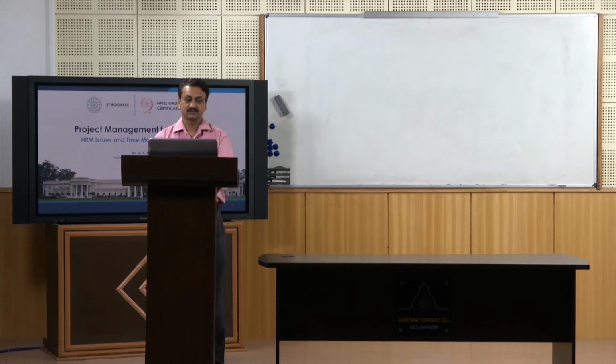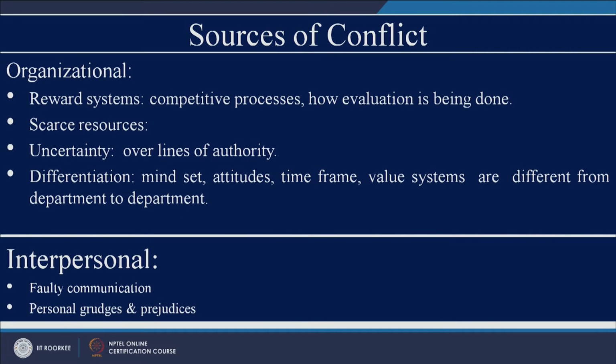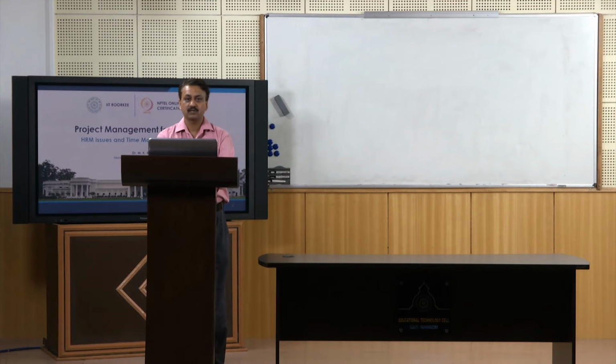Uncertainty is another reason for conflict. In an organization you have line organization and staff organization, or line authority and staff authority. Line authority means those people who are directly responsible for completion of the activity, while staff authority are those people who support you in fulfilling the responsibilities of line authority.